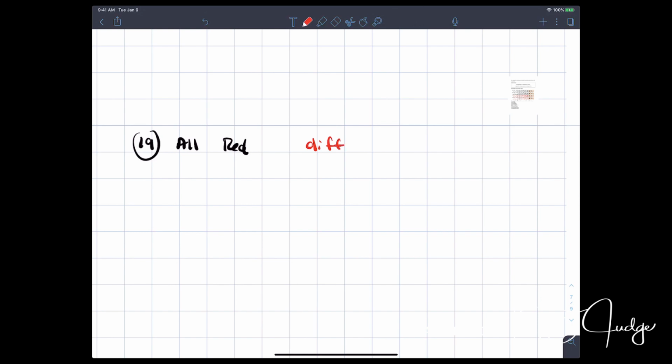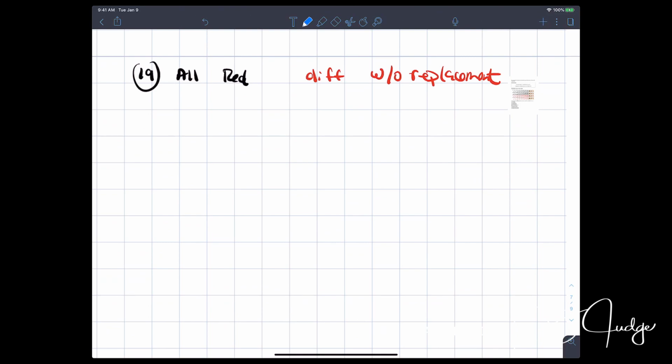And different means without replacement. So if we're selecting 3 cards and they're all red, that means the first is red, and the second is red, and the third is red. Using the multiplication rule.